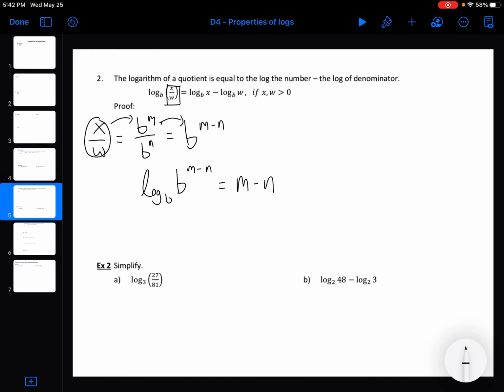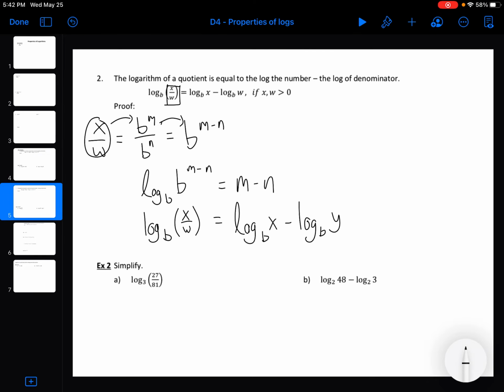So now that's just going to say that log base b of x divided by w is equal to log base b of x minus log base b of w.